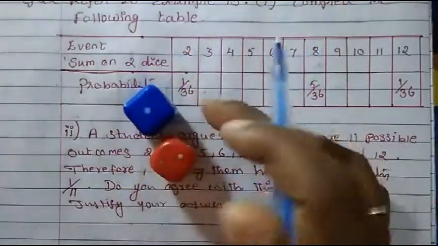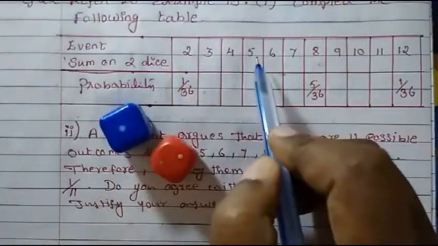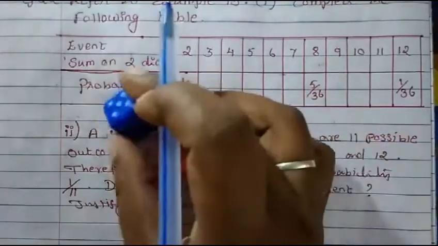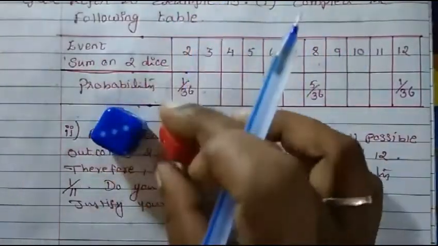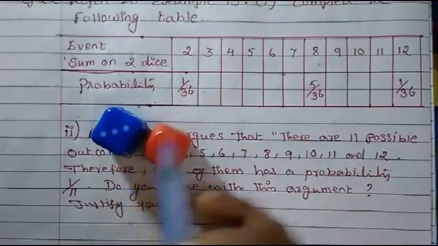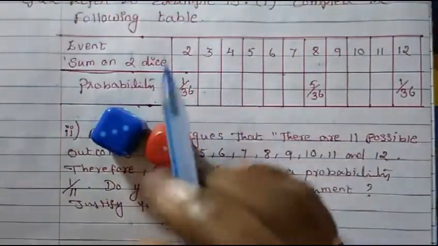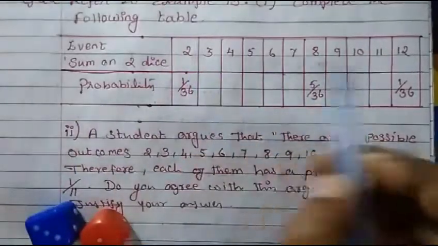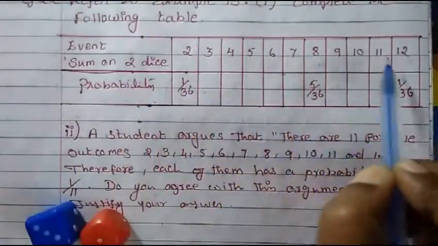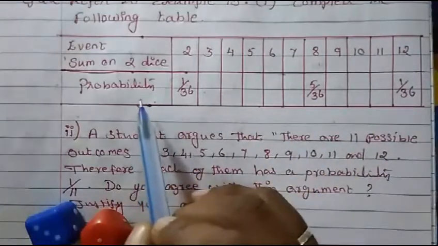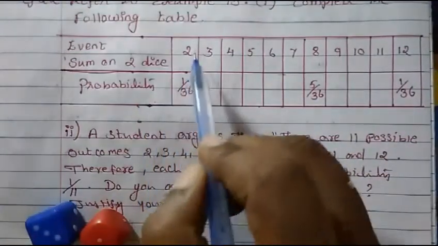So sum of 2 dice means this is the meaning. And for 2 plus 2, 4, it also can be 3 plus 1. 3 plus 1 also is 4. So likewise it is written sum on 2 dice should be 2, 3, 4, 5, 6, 7, 8, 9, 10, 11, 12. Now probability we have to find out.